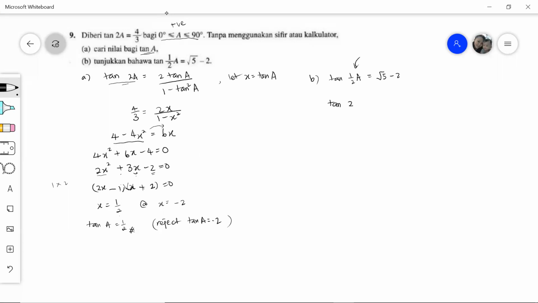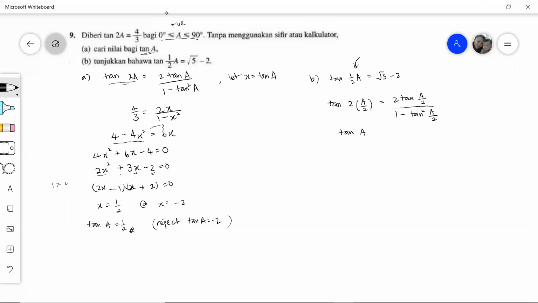Tangent half A is actually tangent of A over 2. So isn't it a double angle? Tangent theta equals 2 tangent theta over 1 minus tangent squared theta, where theta is A over 2. Now, isn't tangent of 2 times A over 2 actually tangent A?